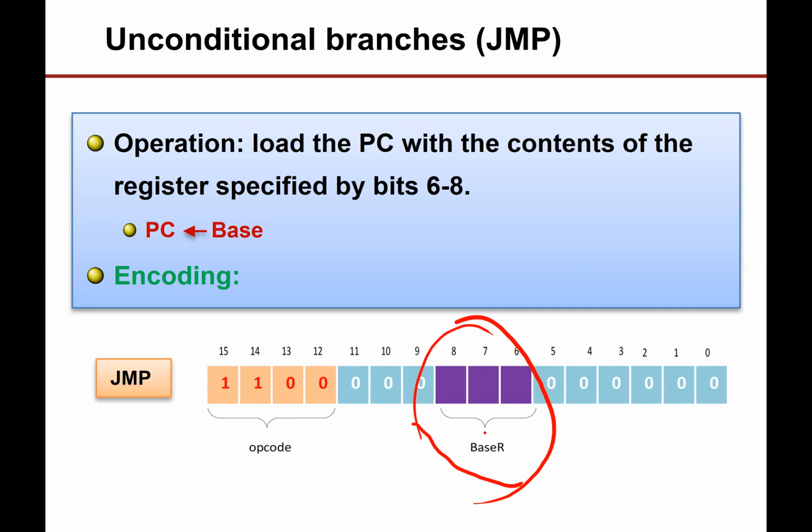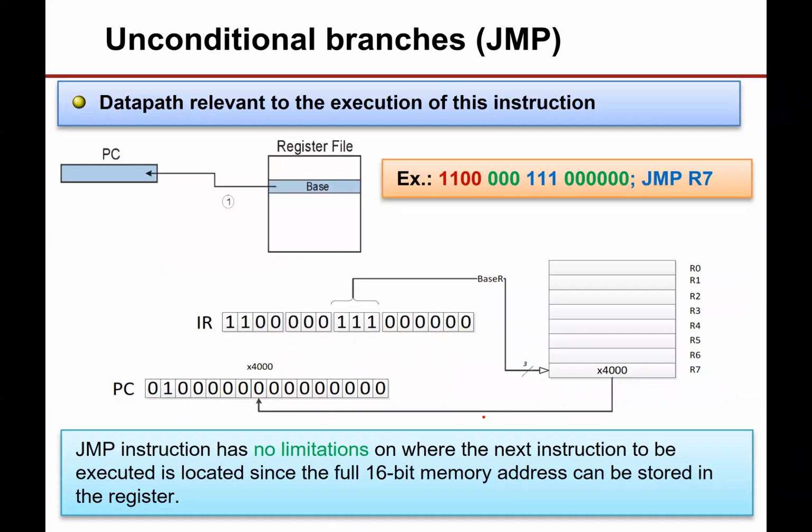So this one is used to store the memory location. Okay, this is the jump. Jump is very simple. It directly goes to somewhere specified by the base register. You can see the data path of executing this instruction.